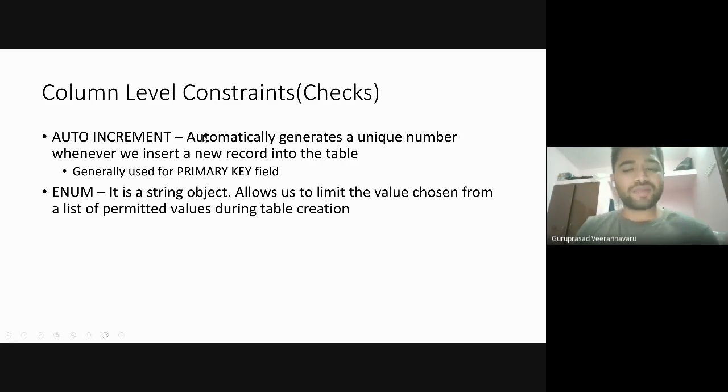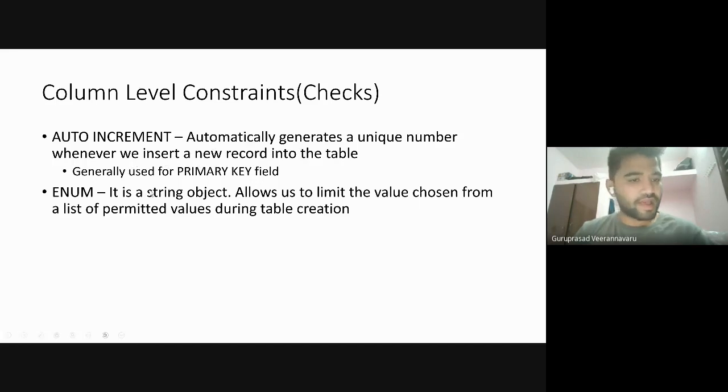ID or any column you can say keep this value automatic. So what it does, it itself keeps incrementing the value one by one. Okay, so these are generally used for primary key fields so that all the numbers are unique. Because it is incrementing one by one, there is no chance it will give an older value and make it non-unique.